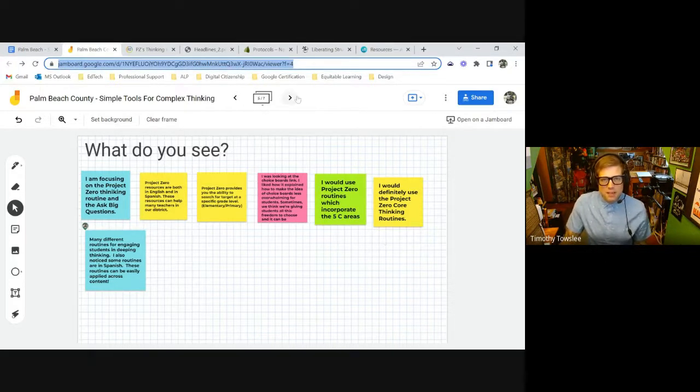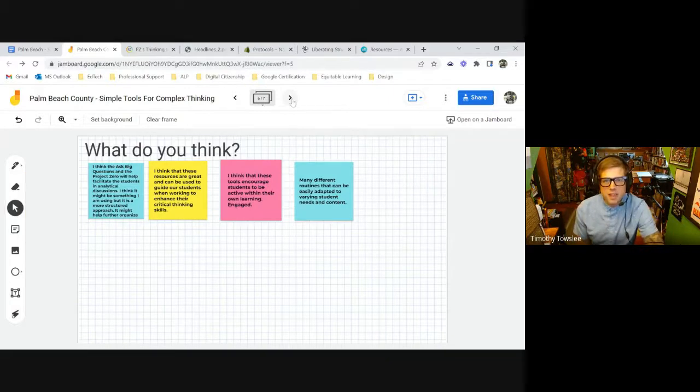We're looking at thinking. A couple of ideas came up in there about how these resources could be good to help students engage with their own learning, but then also think critically and share that information with one another, because students are going to listen to us adults in the classroom on a good day 50% of the time, maybe 60 if we give them candy, but they're going to listen to one another, their peers.